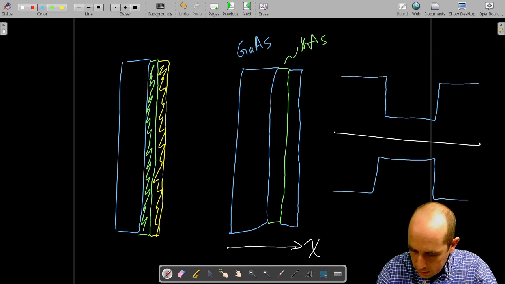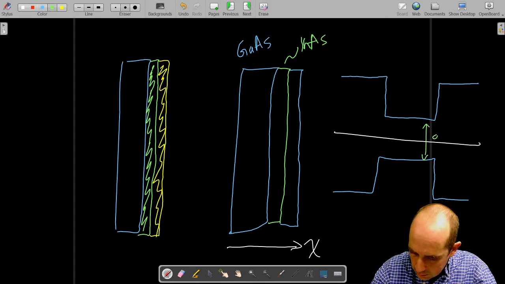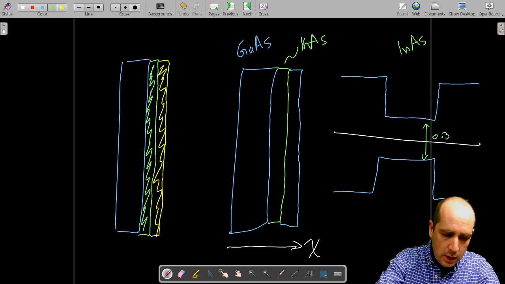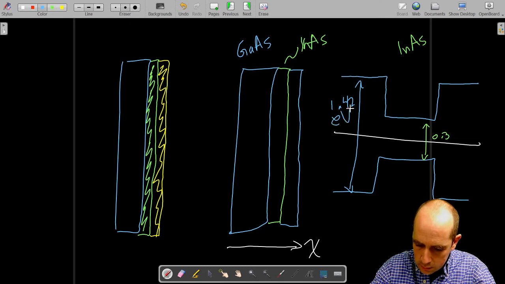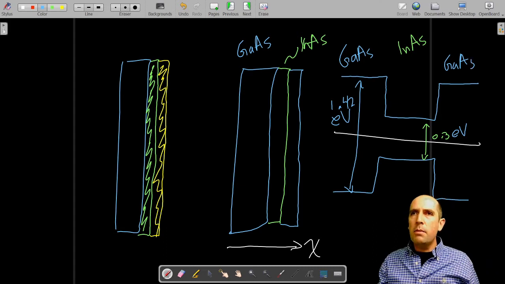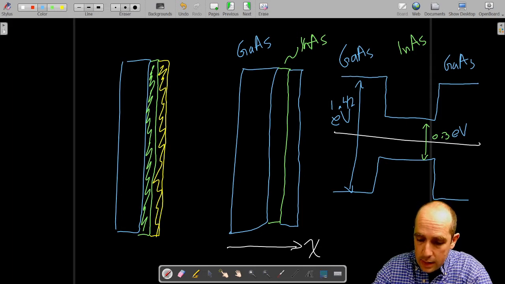This here is the 0.3 electron volts, and this is the indium arsenide layer here, while this here is the 1.42 electron volts, and this is the gallium arsenide layers. And with this, as we mentioned in one of the lectures earlier, it is possible to create this type of potential wells.